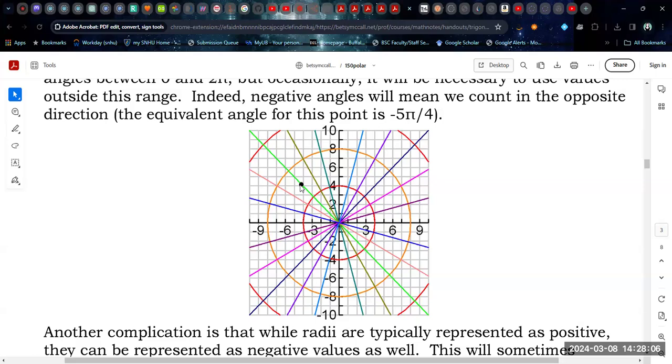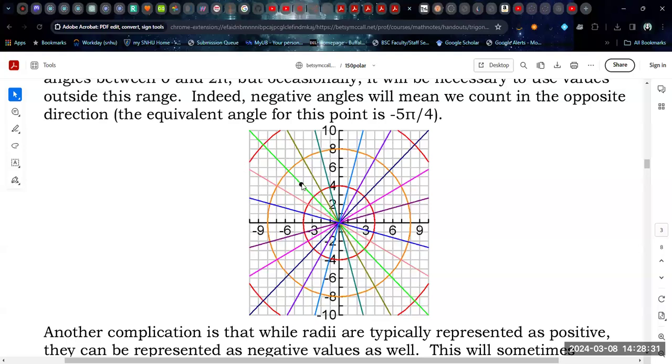So even though our default representation of radii is positive, to make polar equations continuous, we will allow angle or radius values to be negative. And so that does also give us an extra set of points where the radius value is negative and the angle is on the opposite side of the graph.